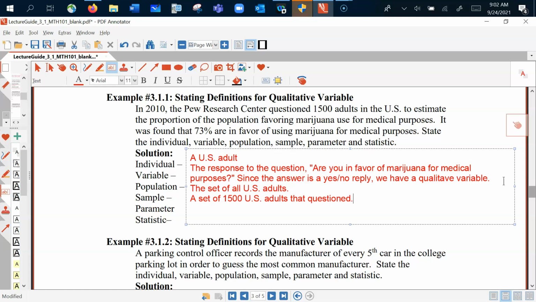Okay. So the parameter, now we have to go back in and look here. The parameter is really, we're interested in the proportion. You can think of proportion as the percent of the population favoring marijuana.